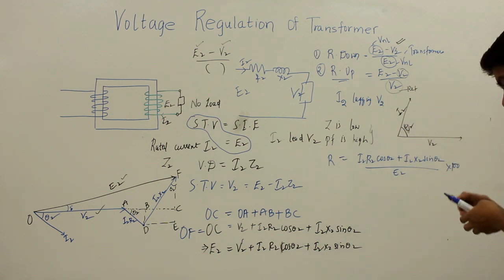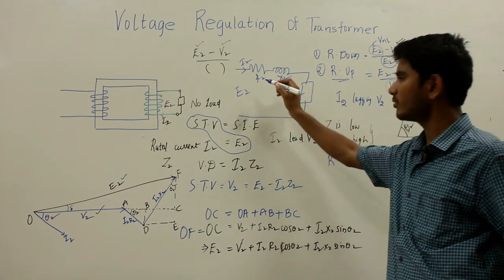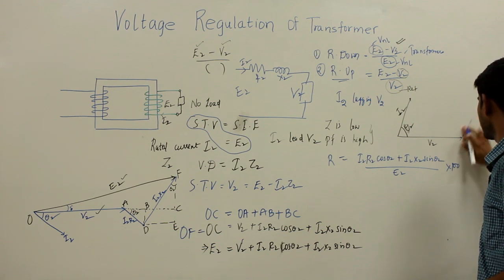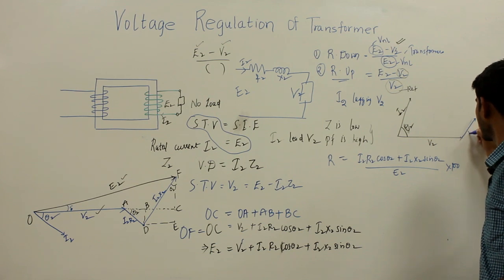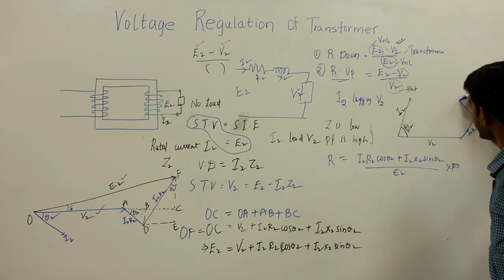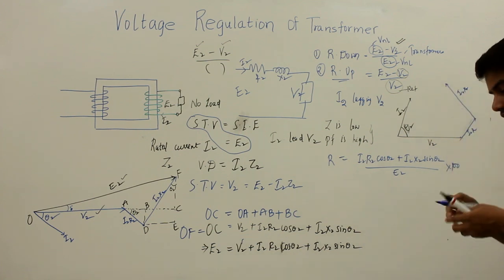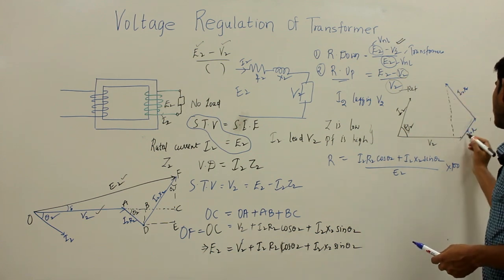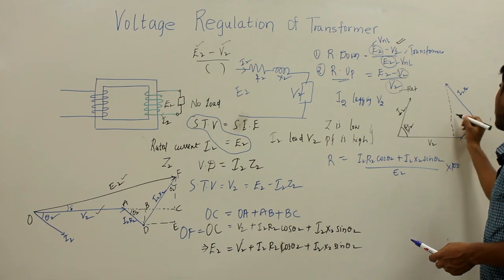The drop will be in phase with this, this is your I2 R2, and perpendicular will be your I2 X2. Let me drop this down here and extend this here.